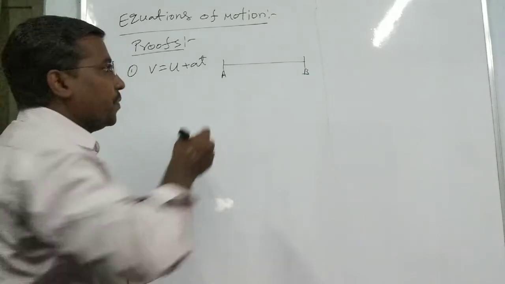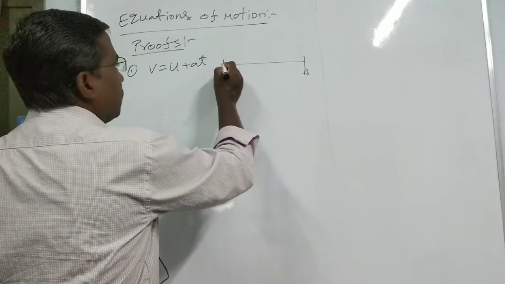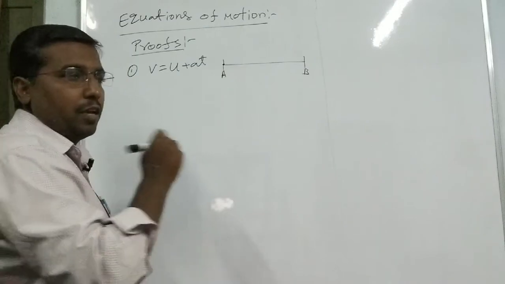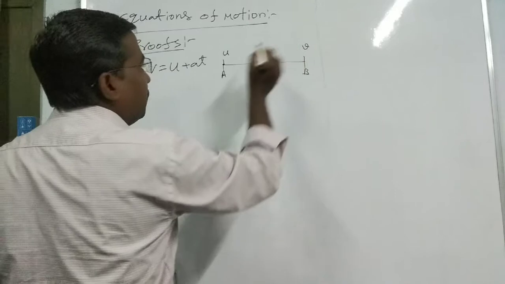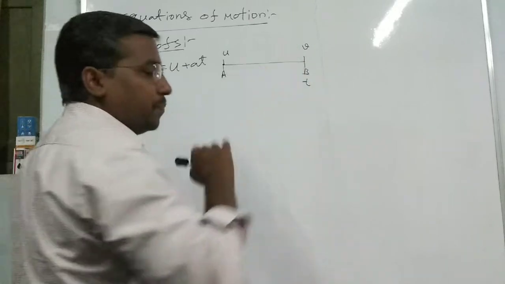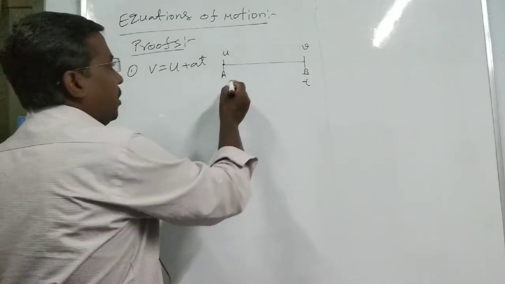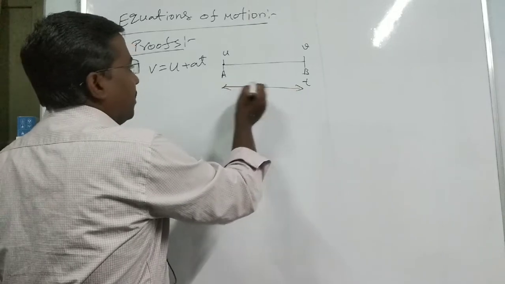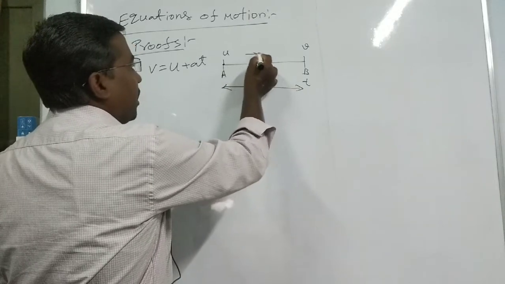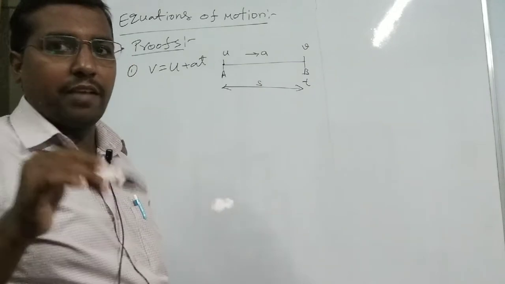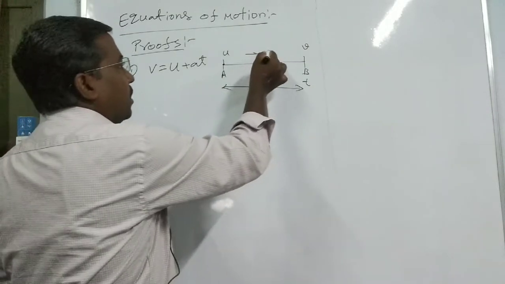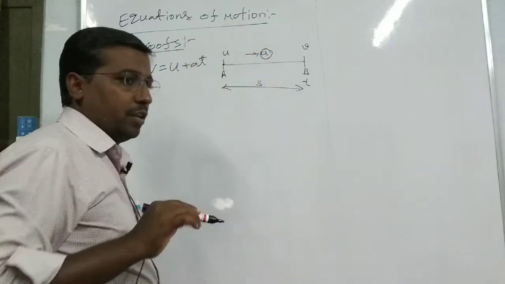From A, the vehicle moves with velocity u, and its final velocity is v in a time t. The distance covered, or displacement, is s, and it moves with acceleration a. This a is the uniform acceleration.